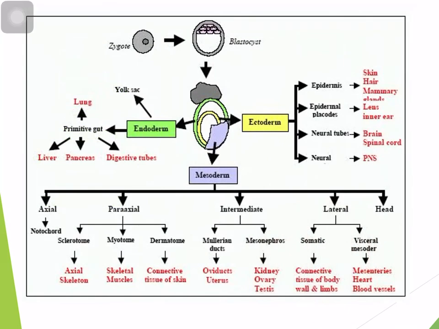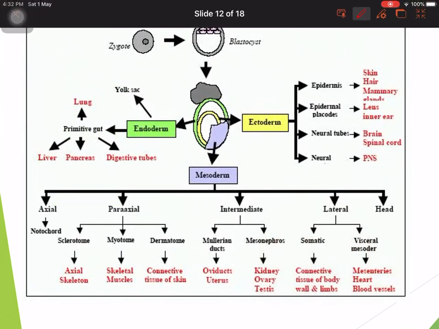Now this is a very important diagram. In this you can understand, actually it isn't asked, but this is very important. After the zygote and blastocyst formation, three layers are formed, that is endoderm, mesoderm and ectoderm. Now this endoderm will give you the lungs, liver, pancreas and digestive tubes.